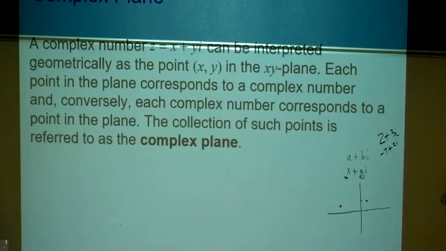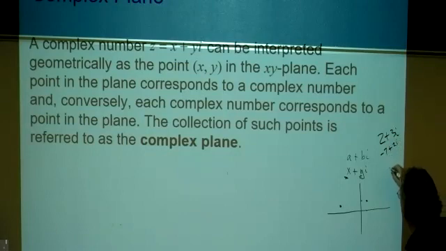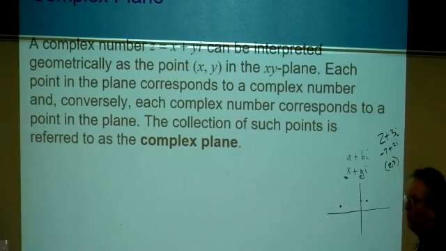So it's just converting these into an x and y, (2, 3), and plotting that point on the regular coordinate plane, which we're going to call the complex plane because it's dealing with complex numbers. Complex numbers are not well ordered.